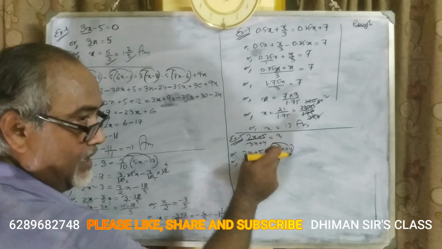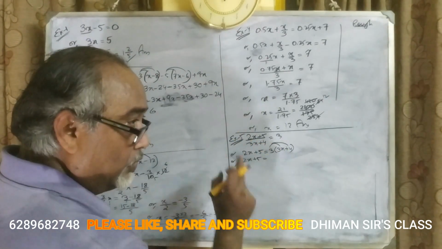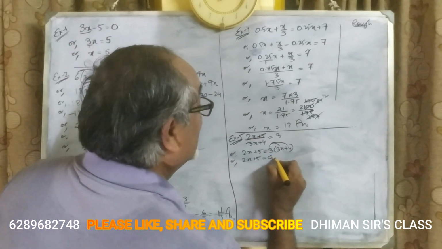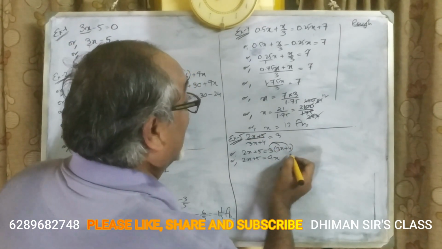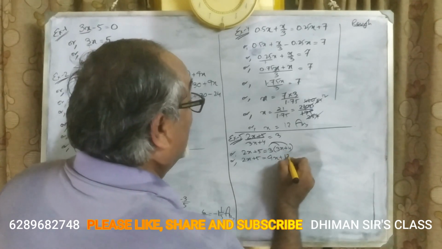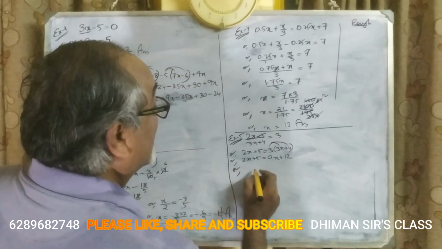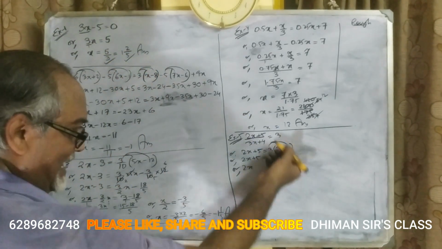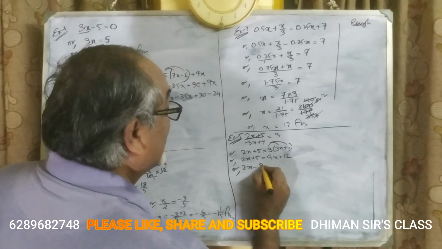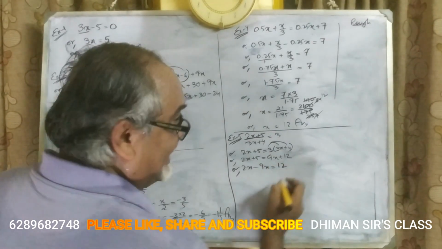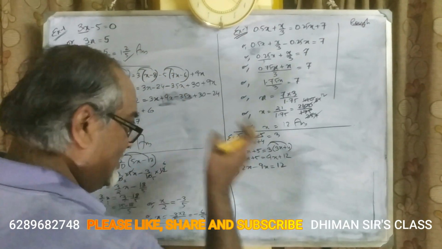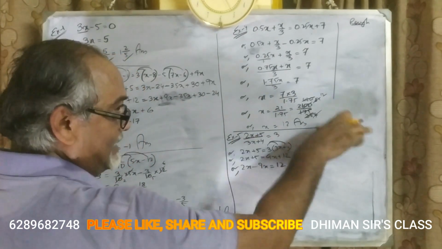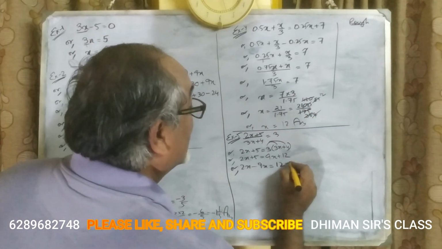You will not get this line. I am giving this for you to understand, and for explaining I am doing this. 3 3s are 9x, plus into plus plus, 3 4s are 12. So 2x, let this 9x now come this side, plus 9x becomes minus 9x is equal to 12 remains as it is. Why? Because it was in the RHS, it is remaining in the RHS. But this plus 5 goes that side, so it becomes minus 5.